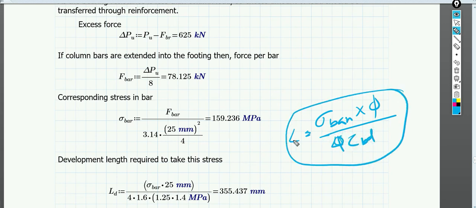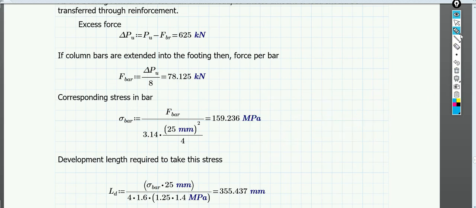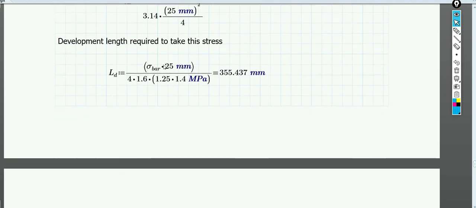Then we will find out whether this length is available to us or not. Same development length equation, but only the 0.87 Fy is replaced with the sigma, and it comes out to be 355.437 mm.